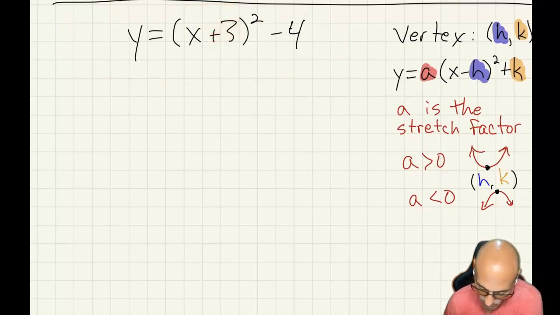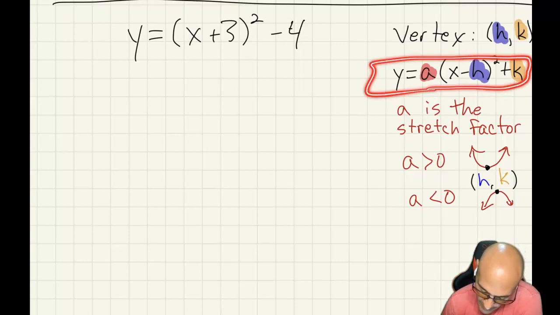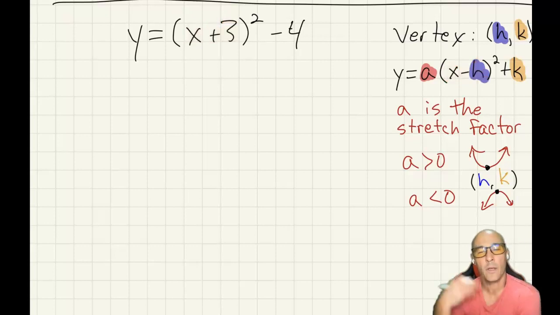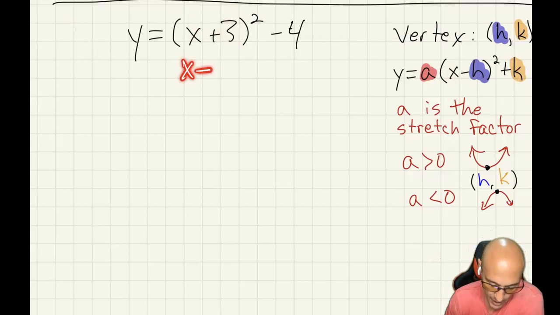All right, so now we can look at this particular problem right here, and we can see right here, that's our h part, and right here, that's our k part. But notice over here in the general form, it's x minus h, but we have x plus a number. How could we change that to be x minus some number?